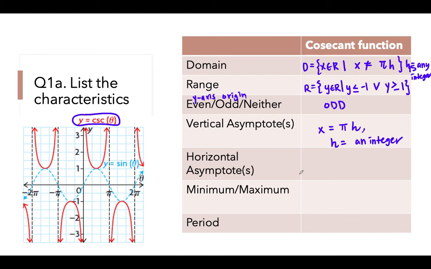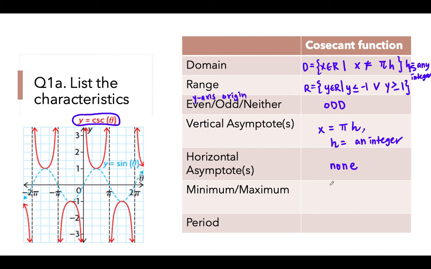Now, is there any horizontal asymptote? No, there is no horizontal asymptote because, as you can see, the graph is just approaching the vertical lines. There's none. Maximum and minimum: the graph is going to keep going up, and the graph is going to keep going down.